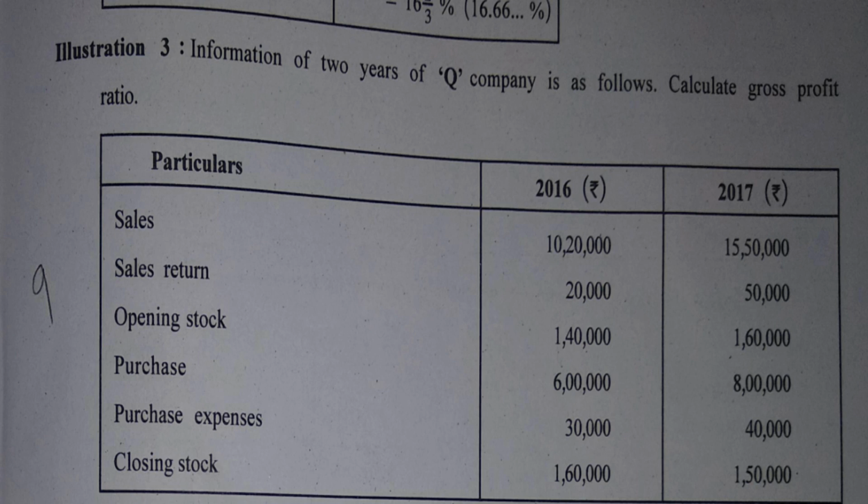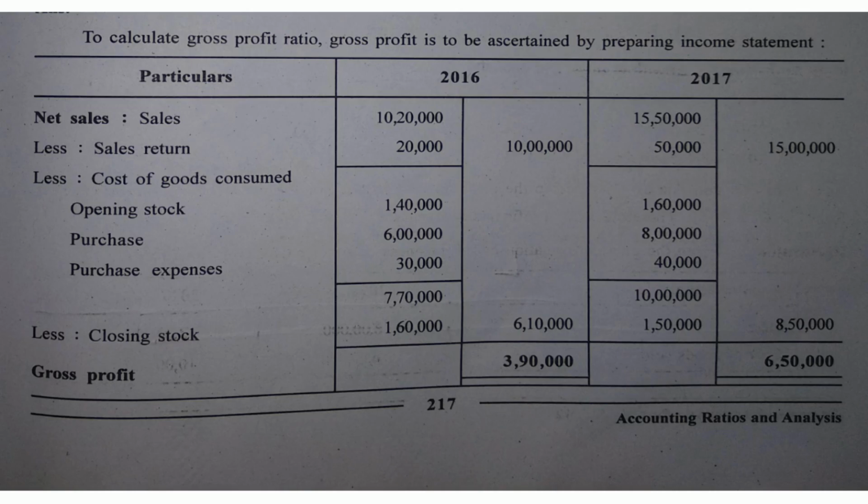So this way, after calculating net sales and COGS, you have obtained gross profit, which is 3,90,000 for 2016 and 6,50,000 for the year 2017.